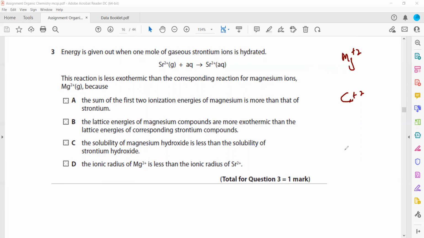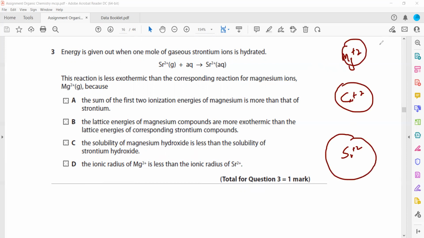Calcium will have higher than strontium, because strontium is larger, the ion is big, larger in size. So a strong bond is there for magnesium and oxygen as compared to calcium and oxygen, or calcium and water molecule. And for strontium, because of larger size, there is less attraction, so less energy will be released.